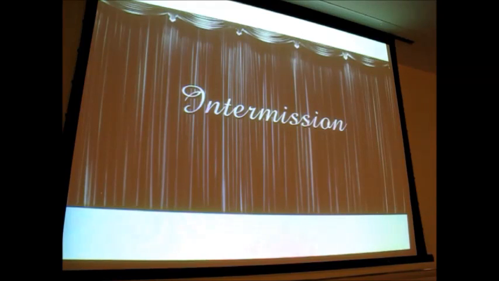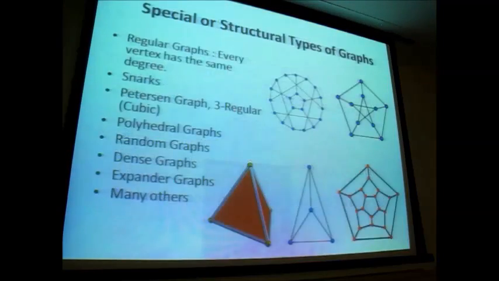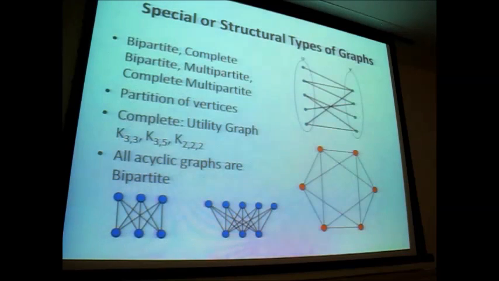Can I ask a question? You certainly may. You flew past the concept of partition, which has vertices that don't have edges connecting to each other, but they can connect across to the other partition.